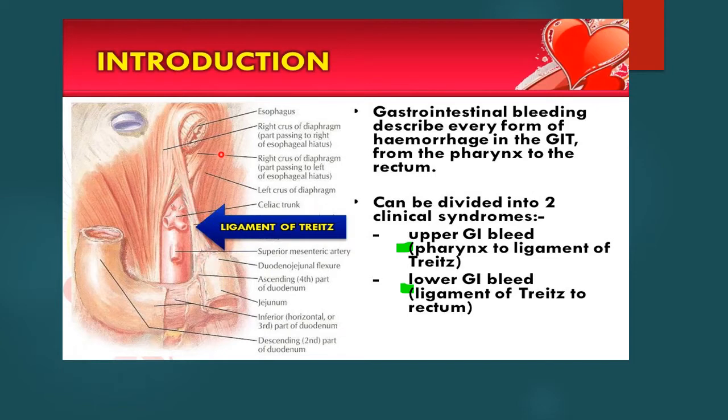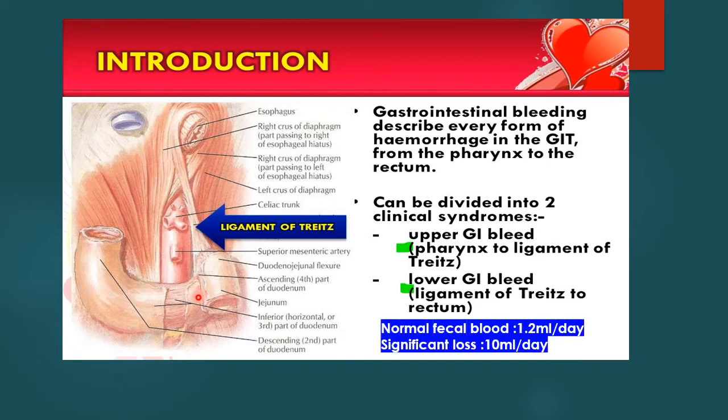This picture shows you the attachment of the duodenum to the posterior abdominal wall, and there's a ligament which attaches firmly to the posterior abdominal wall. It is attached at the duodenojejunal junction. At that area, known as the DJ flexure, the ligament of Treitz attaches it to the posterior abdominal wall.